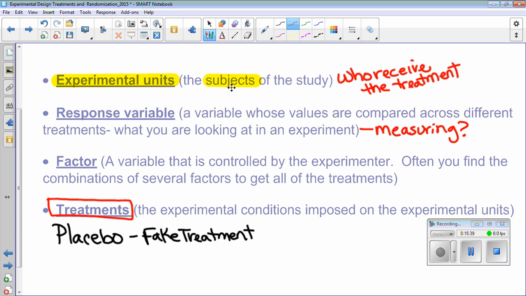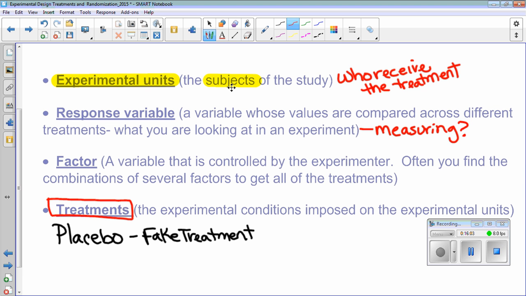So if I'm going to use weight loss as an example, what would I be measuring if I wanted to do a weight loss experiment? I'd be measuring what? The weight. How much weight they've lost over time. And that would be the response variable. Almost always quantitative, okay, because it's a measurable thing.